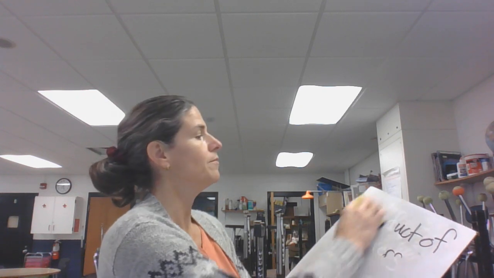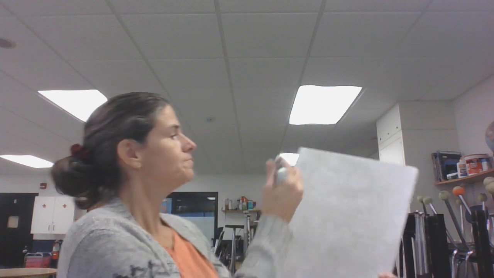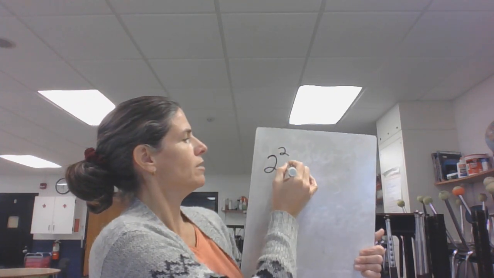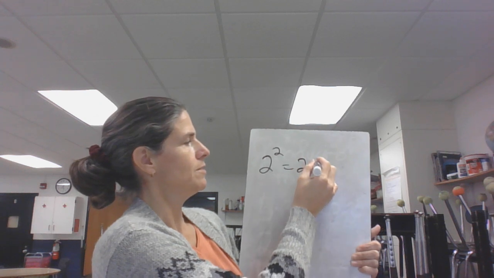Next, we're going to look at perfect squares. So how do you know if a number is a perfect square? Well, a perfect square is going to be a number that multiplies by itself to get to another number, and that other number is a perfect square. If we go through a list of numbers, 2 squared equals 2 times 2.